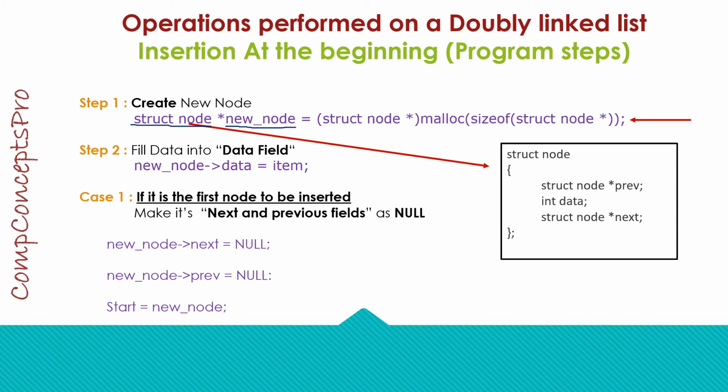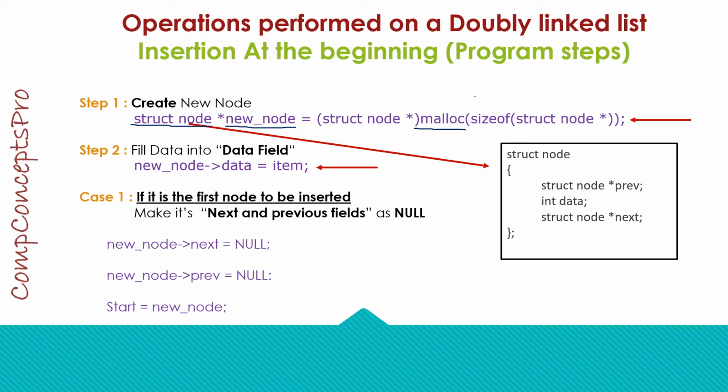After that comes the C++ built-in function malloc, to allocate the memory size for our new node. Then the second step is to assign data to the new node, which can be done by writing this. After that, we have to check a few cases, like if it is the first node to be inserted in the list.